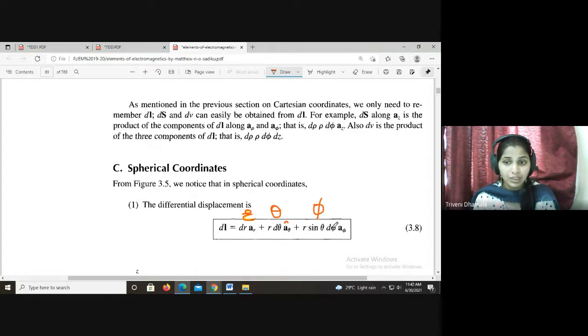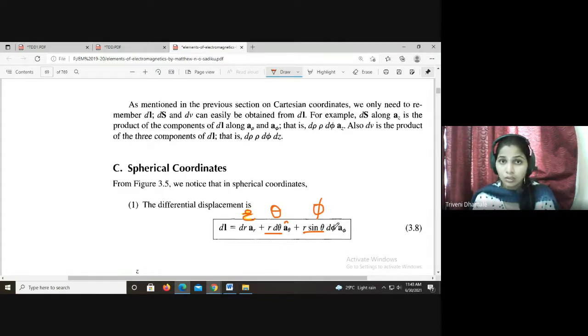For phi, the differential is d phi, but as it is an angle, it will not remain alone, we multiply it by r sin theta. And for theta, the differential length is d theta, but as it is an angle, it is multiplied with r. So please remember the differential length for theta is r d theta, for phi is r sin theta d phi.